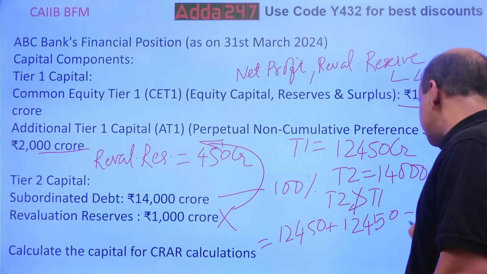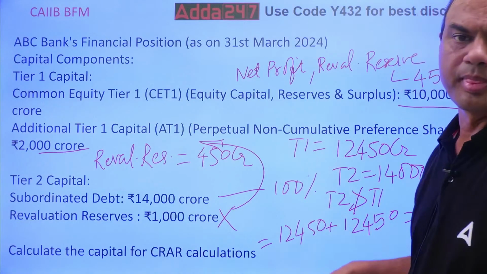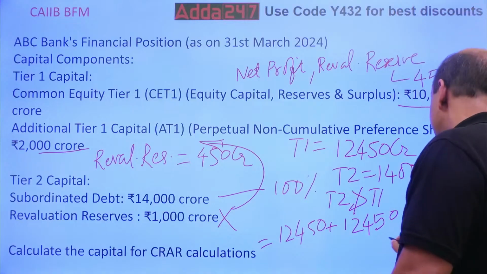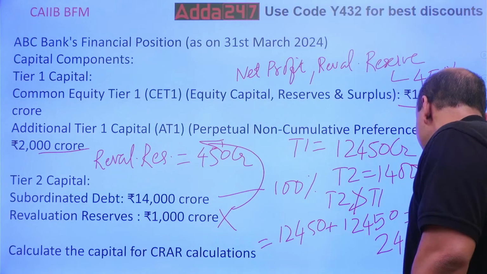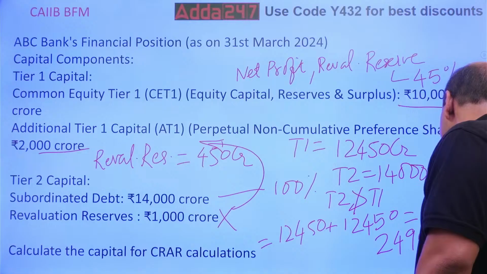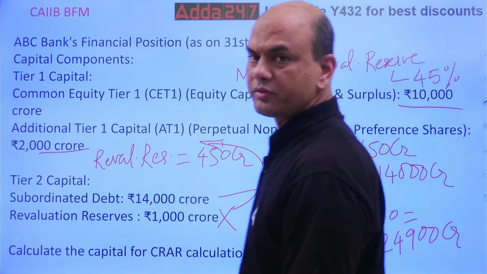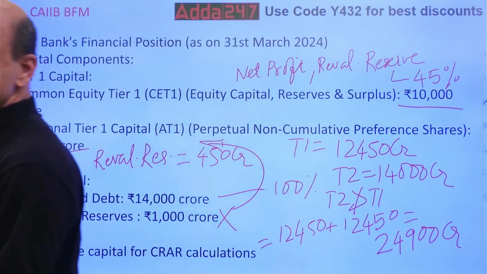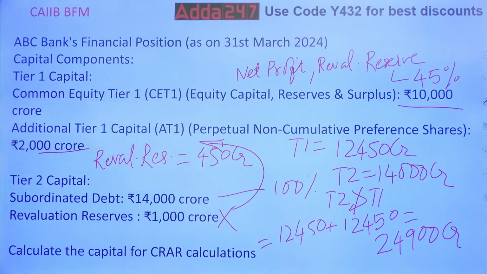So what is the answer? 12 to the 24, 24,900. So the capital is 24,900 CR. This is your final figure for calculations. Don't miss this. Okay? Very important numerical.